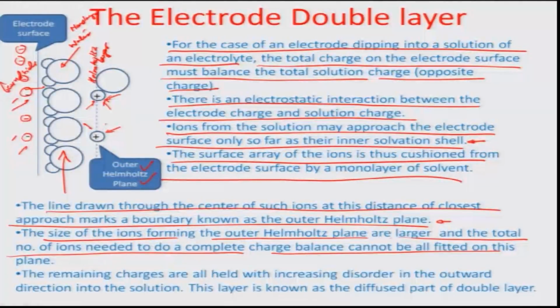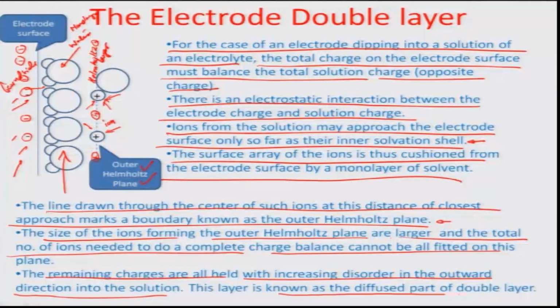But you have to mind that this is an ion, so it has a specified size. So this layer of charge, which is the closest layer of charge that can come to the electrode, is unable to balance the total charge on the electrode. Therefore the remaining charges are all held with increasing disorder in the outward direction into the solution, and this layer is known as the diffuse part of the double layer.